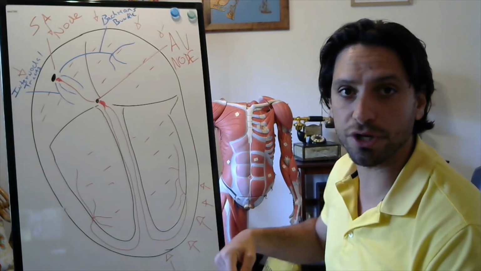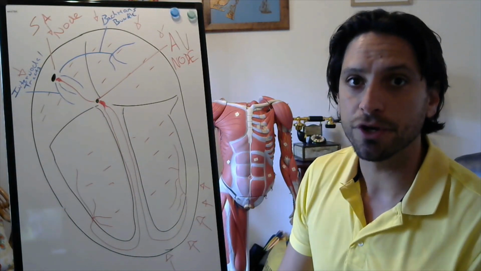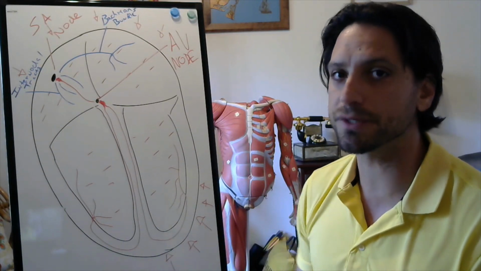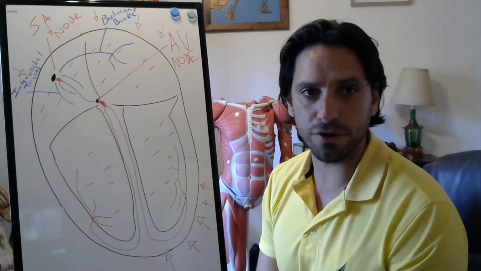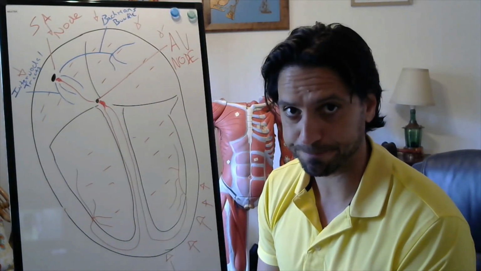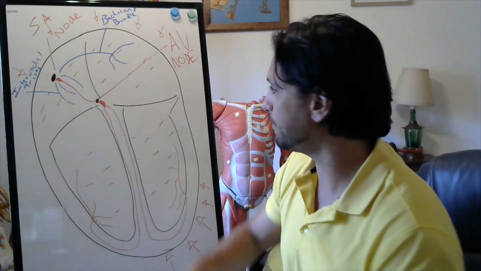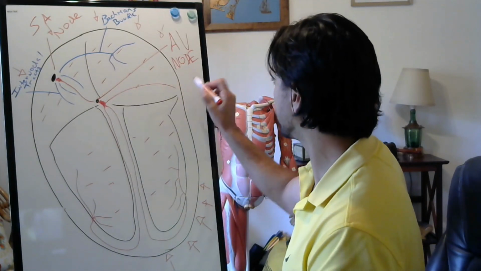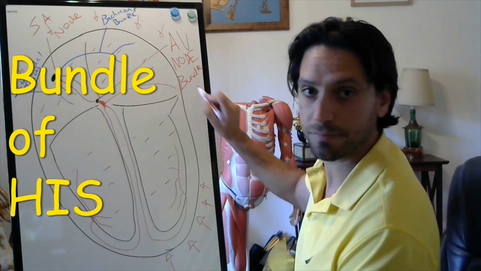transmits electrical conductivity from the atrioventricular node to a very, very important set of tissue, okay? This set of tissue right here, you notice that it's a little bit larger and highlighted color. This set of nervous tissue is called the bundle.